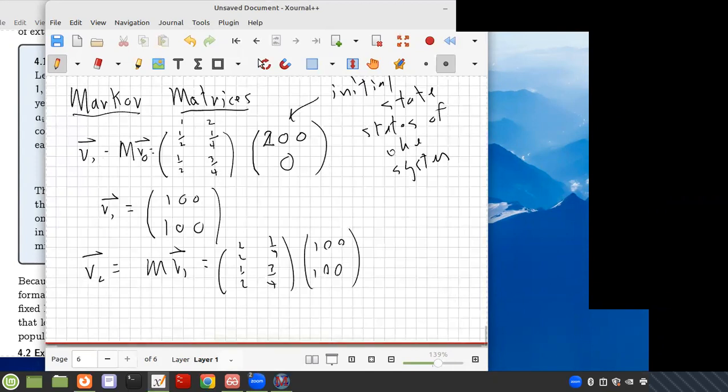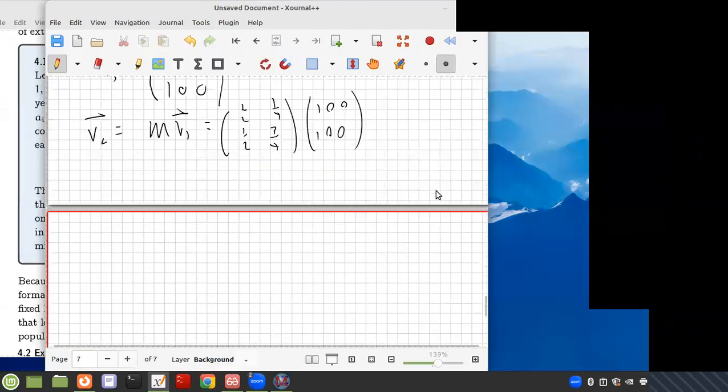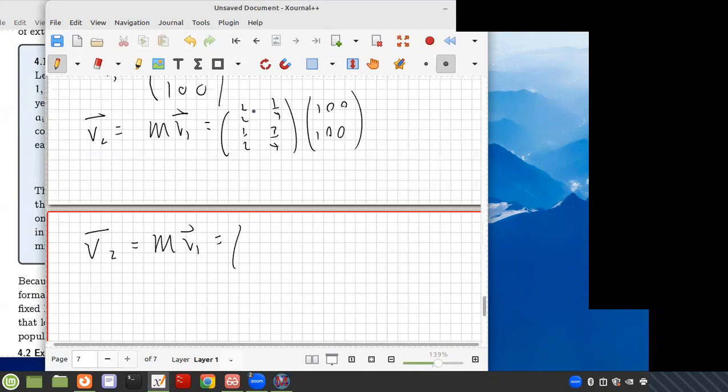The second step, V2 equals M times V1, which equals: 1/2 times 100 is 50, plus 1/4 of 100, which is 25.